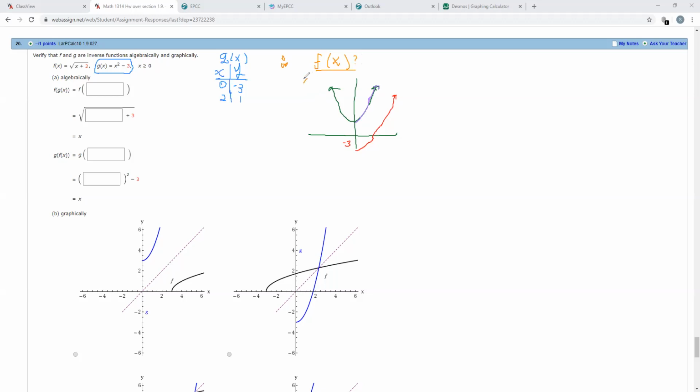So 0, -3 would invert to -3, 0. So let's check, that better be on the inverse, if these are actually inverses, which they tell us they are, we're just supposed to show it. And 2, 1 is going to invert to 1, 2.